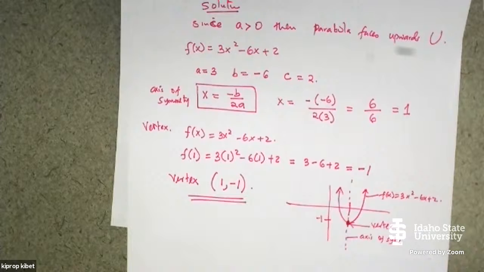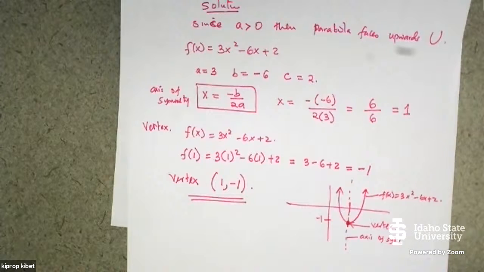So we have seen how that graph looks. We have found the axis of symmetry and the vertex. Now we need to look for other points so that we can plot this graph.